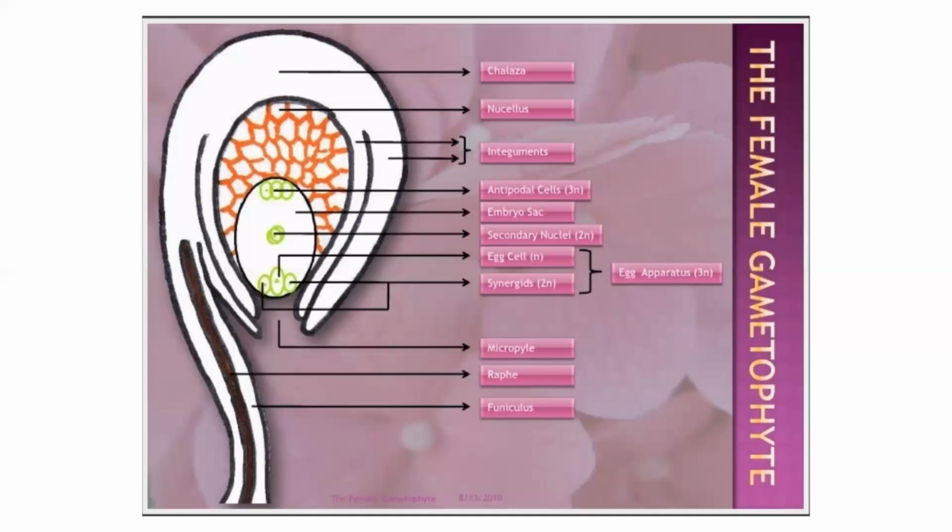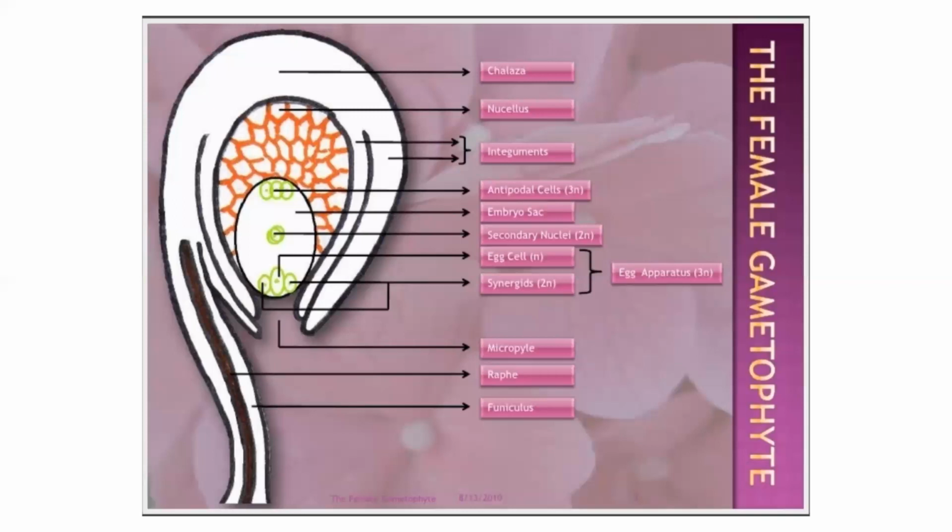A large oval cell lies embedded in the nucellus towards the micropylar end. That is the embryo sac. The next topic is embryo sac development. It looks like a large oval cell embedded in the nucellus towards the micropylar end.